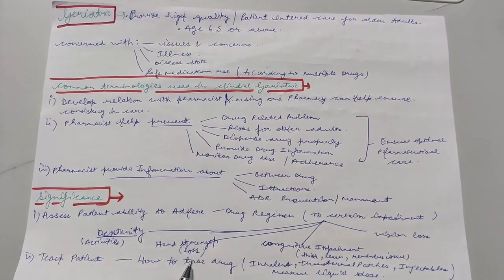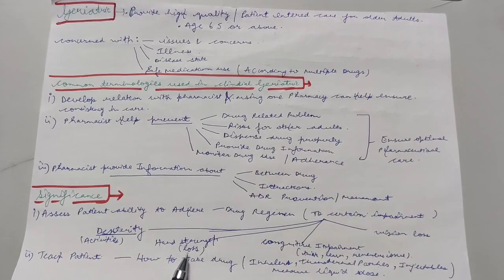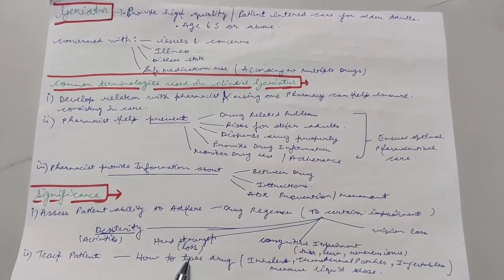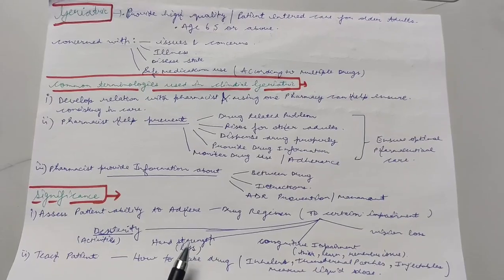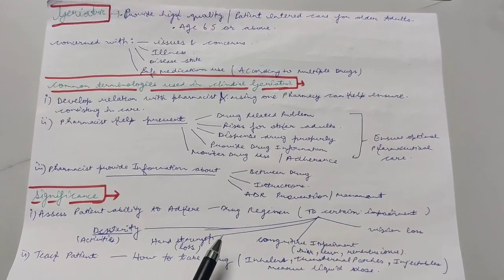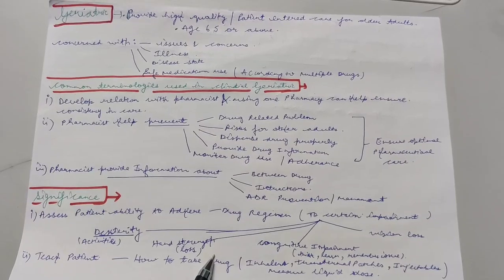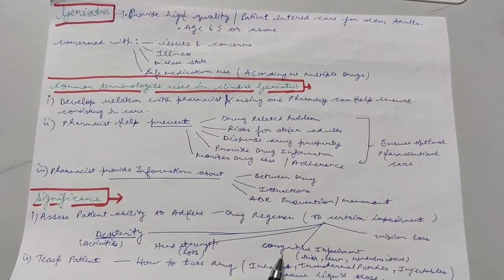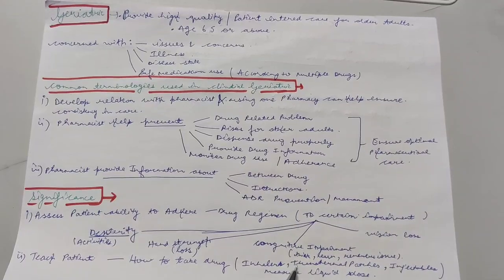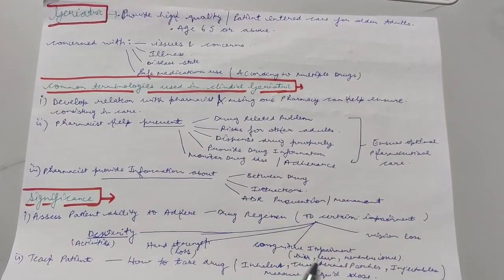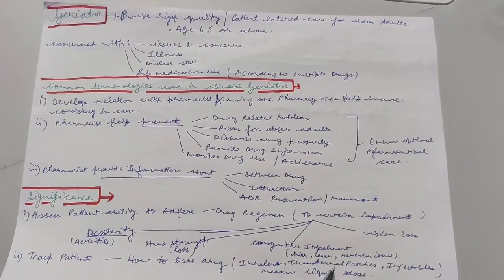Like hand strength: at old age, patients have difficulty in holding things. So there should be one person who gives the medicines to him, so that there is no fall of drugs. Any cognitive impairments: at the age of elderly, many problems occur, like learning problems, thinking problems, remembering issues.